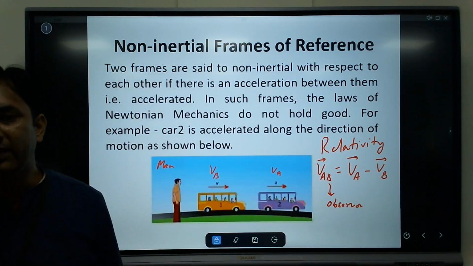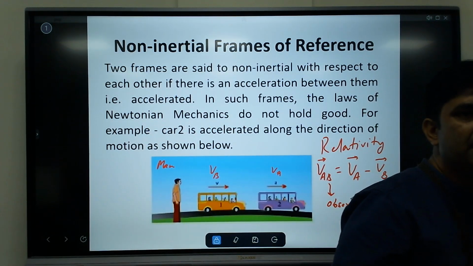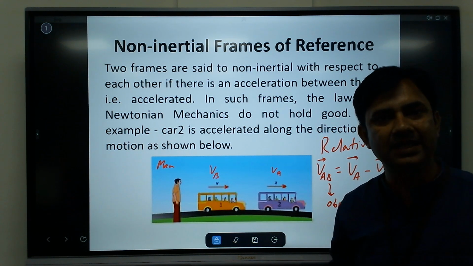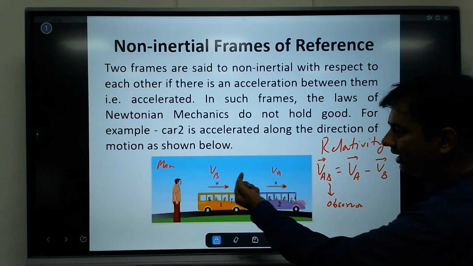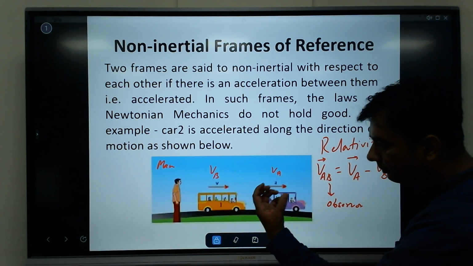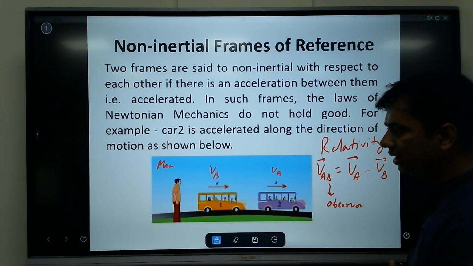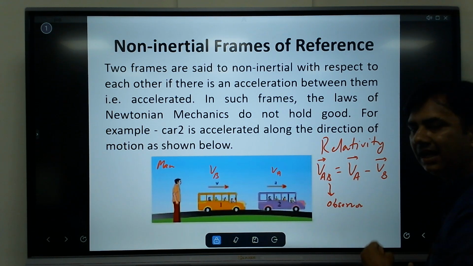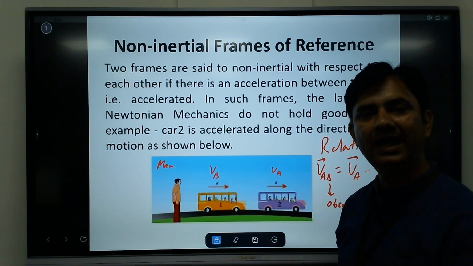and A is moving. In physics we always consider that an observer always thinks that he is at rest. So here, VA and VB are both moving, but the person on the yellow car observes the motion of the A car and thinks of himself as constant or at rest.